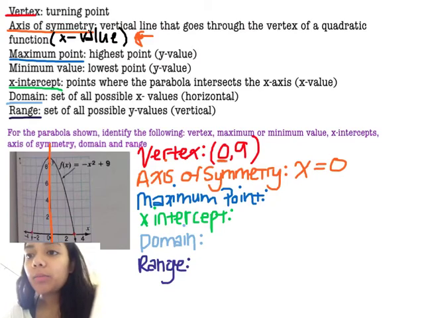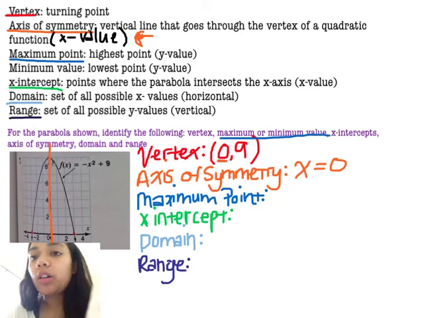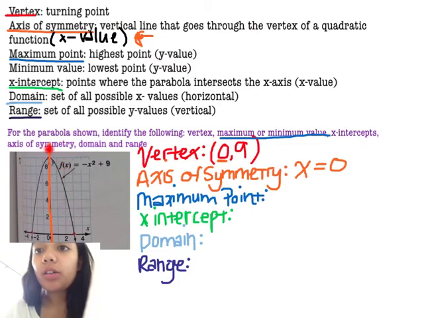My maximum point, it says find your maximum or minimum value. I've already defaulted and put maximum in there. Maximum or minimum value. Well, if you look at your parabola, you have a maximum value right here because it's opening downward. If you were going upward, you'd have a minimum value. So it only makes sense to have a maximum value because it's going to open downward.